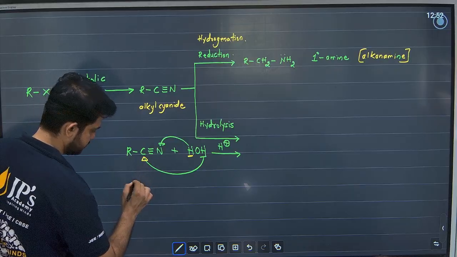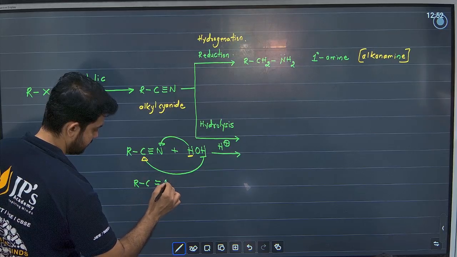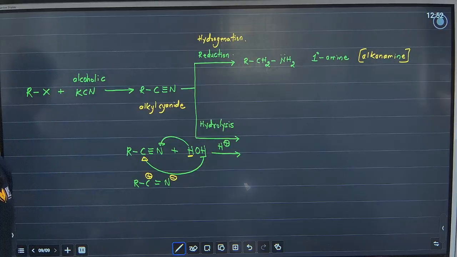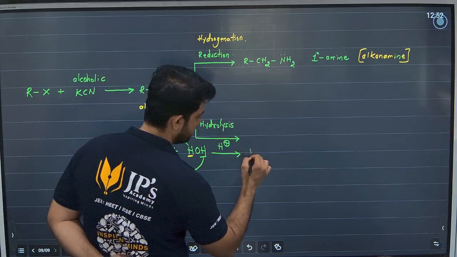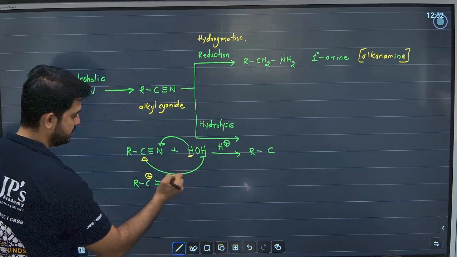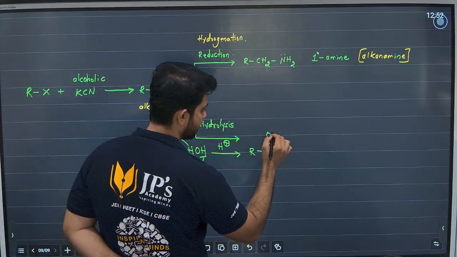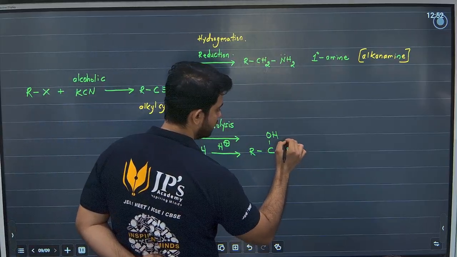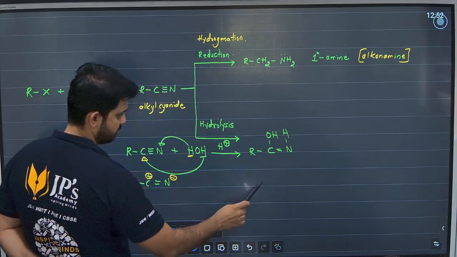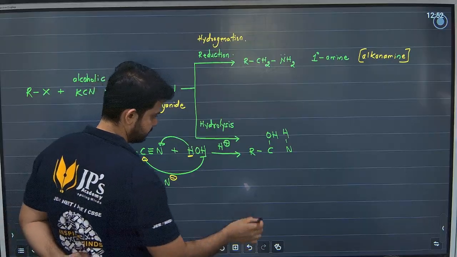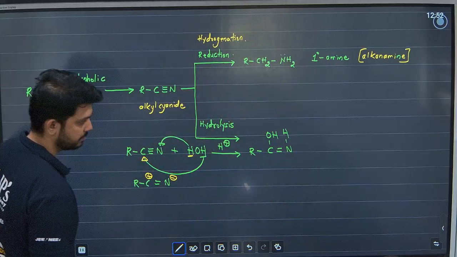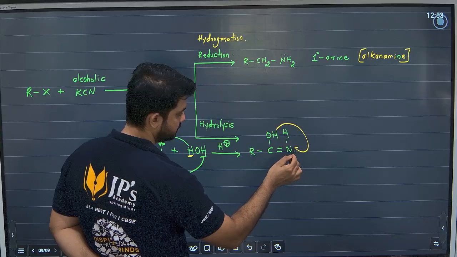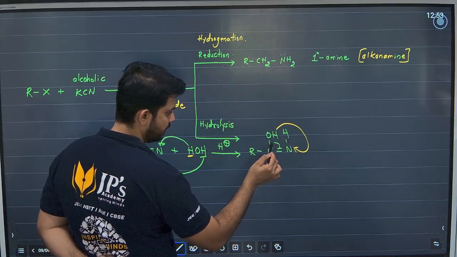Because it will come like this after resonance. So what do we have here? R, C, what do you have on C? OH, double bond NH. With me till here? Basically I just added H2O. Okay. Now the H from here bonds to nitrogen and the double bond comes here.